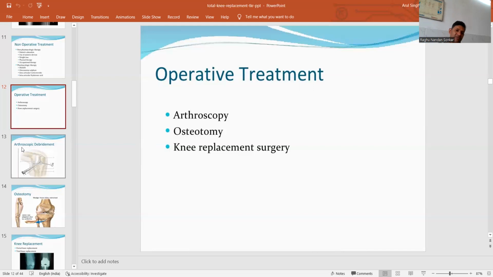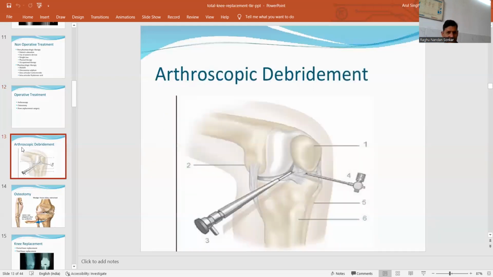If the findings are in favor of arthroscopic debridement, we can do arthroscopic debridement. With the help of arthroscopy, there is lavage, partial meniscectomy can be done with or without, and proper thorough debridement can be done.